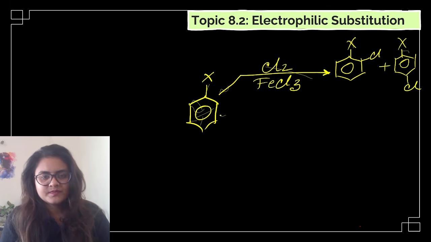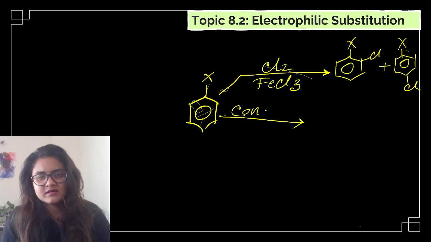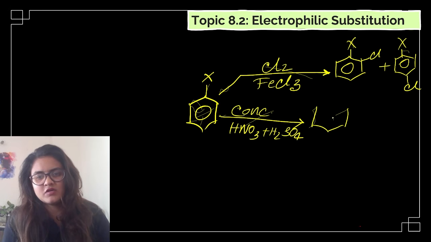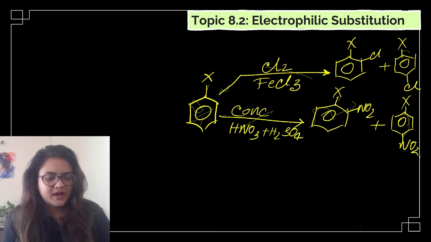One more, let's say this is nitration. I'm giving concentrated HNO3, mixed acid, actually HNO3 plus H2SO4. If you give this, again I will get ortho and para substituted products: this is the ortho substituted, plus I will get the para substituted.